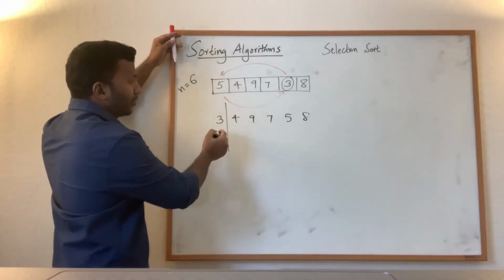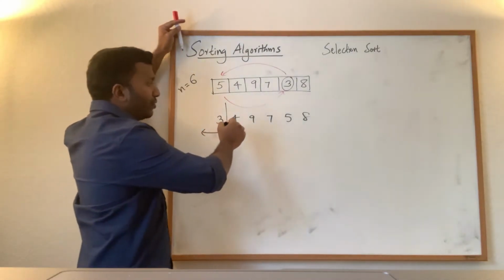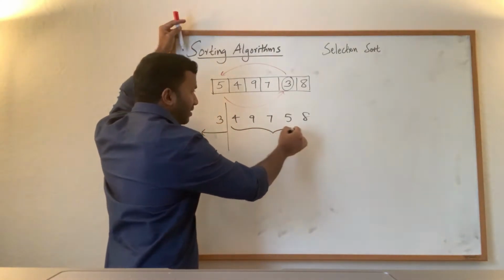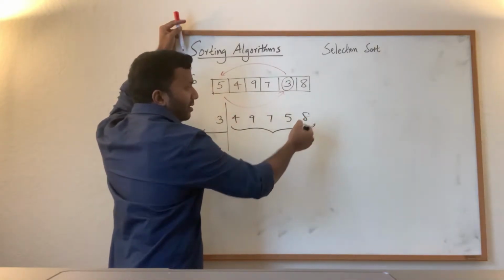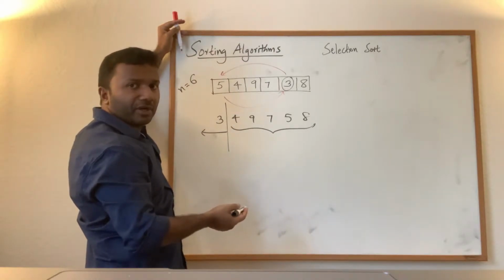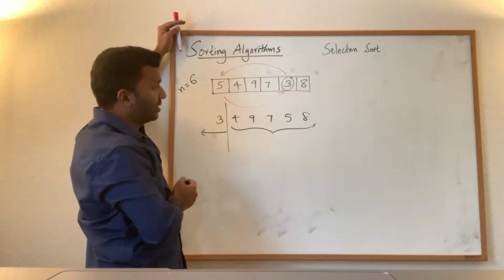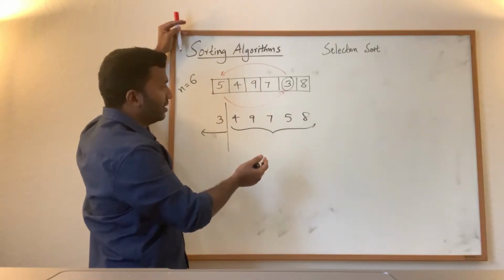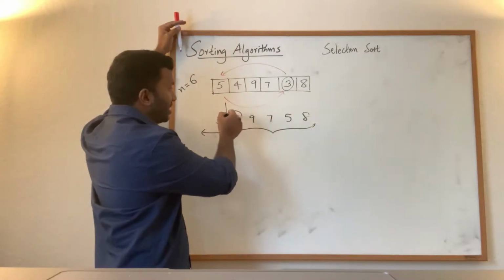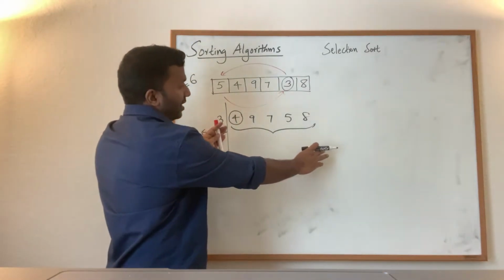So now I can forget about this part of the array because I'm done with it. Now I just need to sort the remaining part of the array. To do that, simply do the same procedure. That is, find the smallest element, which is 4 in this case, and move it to the first position in this part of the array.